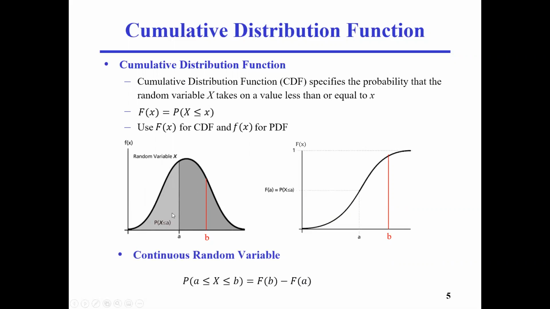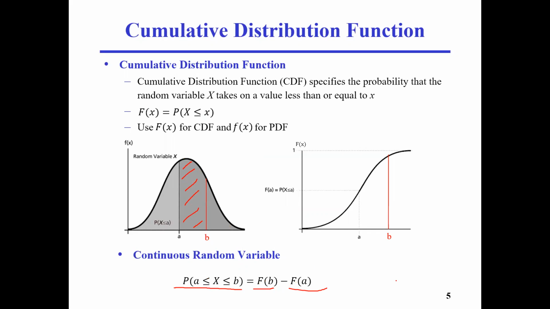If we calculate the difference between them, of course, this area is the result of this comparison, right? This area is the difference between F(b) and F(a). And you can say conveniently, this shaded area, the size of it actually is the probability of X being between A and B. This is exactly what we wanted.